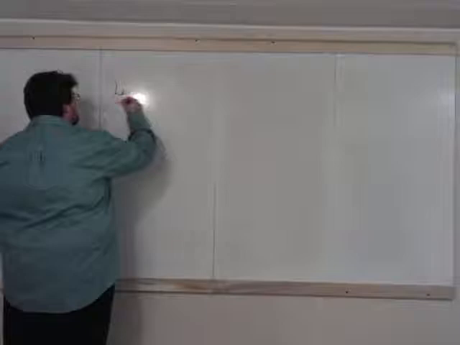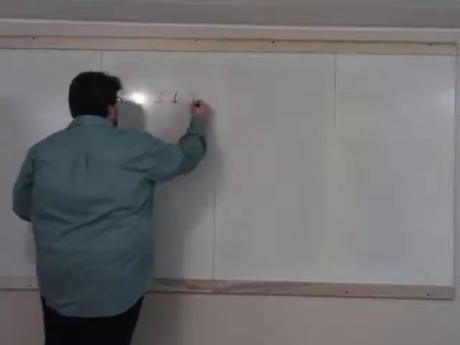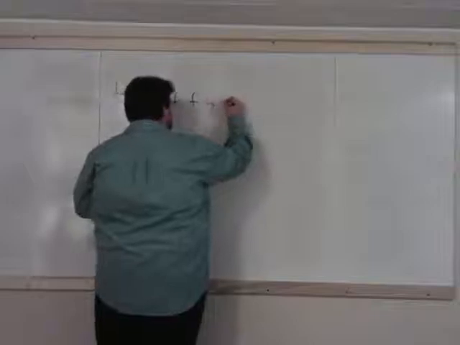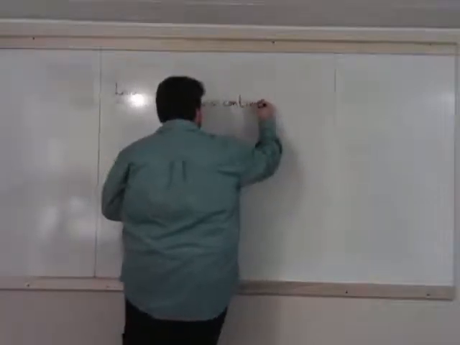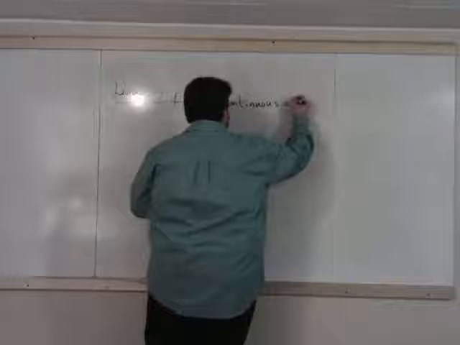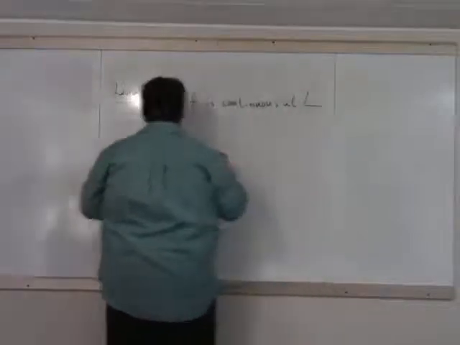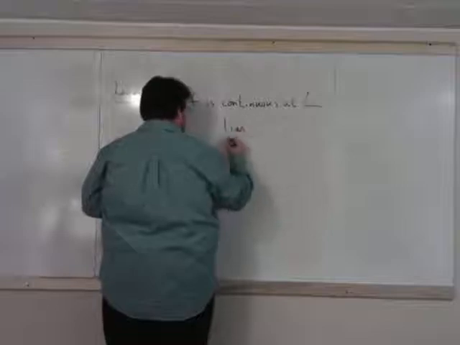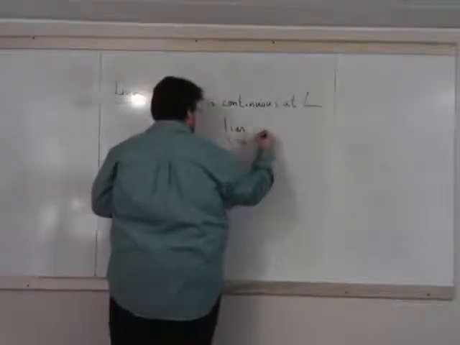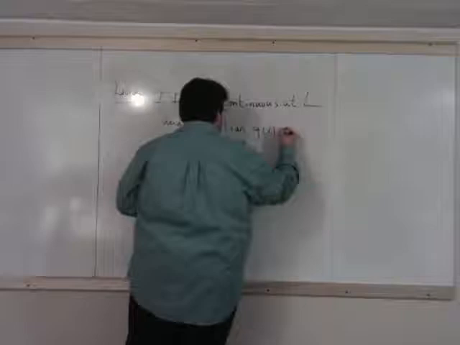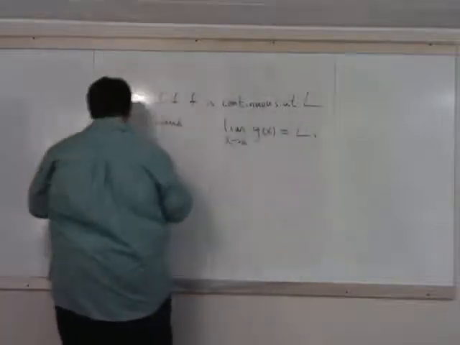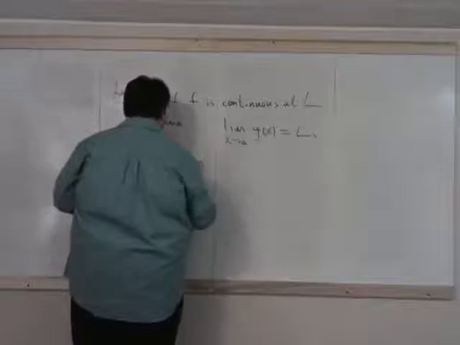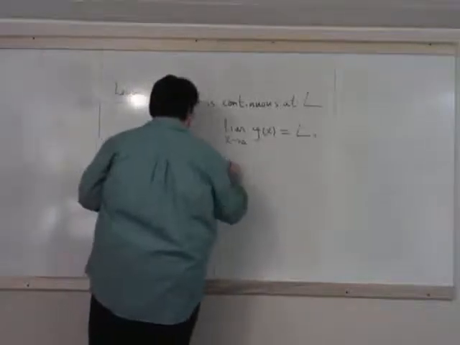Theorem. If f is continuous at capital L and the limit as x approaches a of g of x equals L, then we can take the limit of a composition.